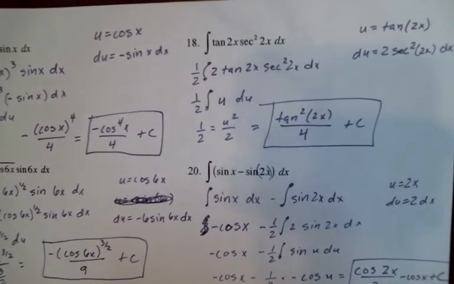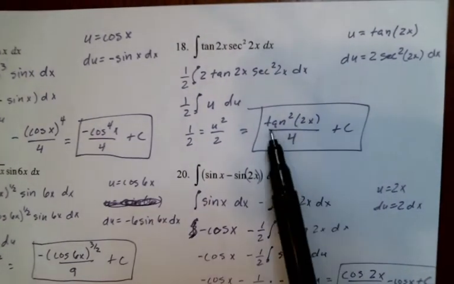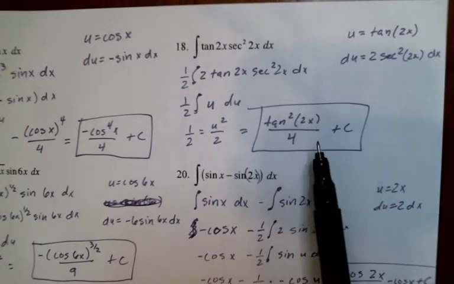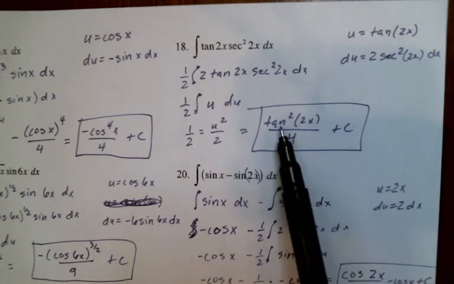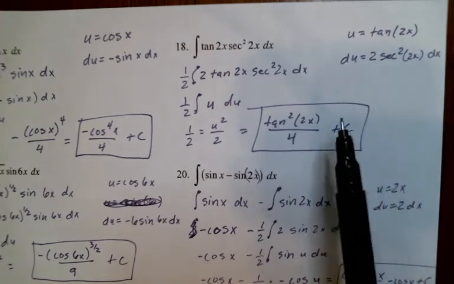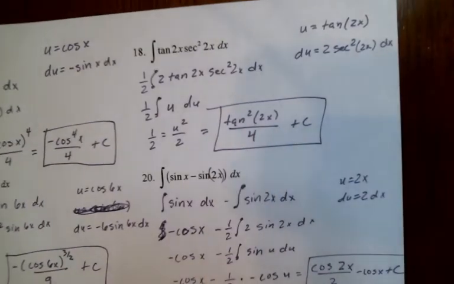Number 18 would be tangent squared of 2x over 4 plus c. And it's okay if you said tangent 2x squared on the outside. That would be fine as well.